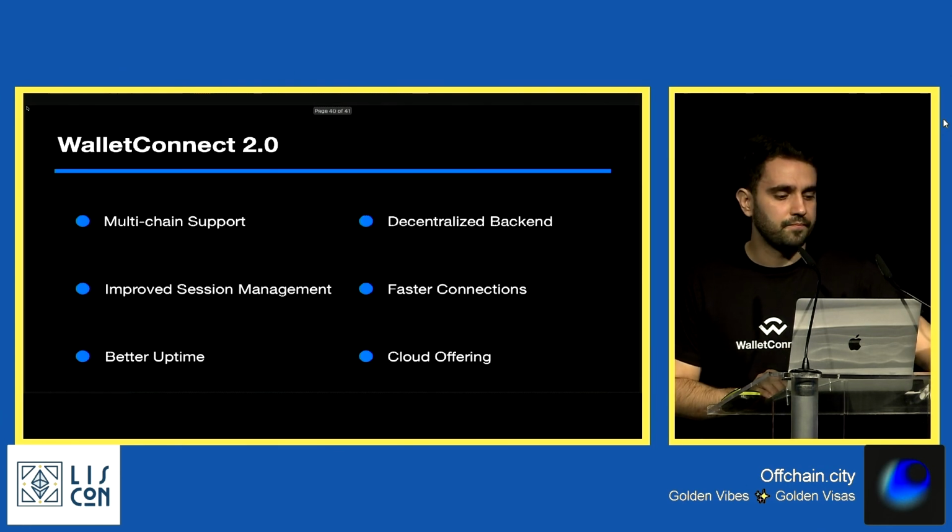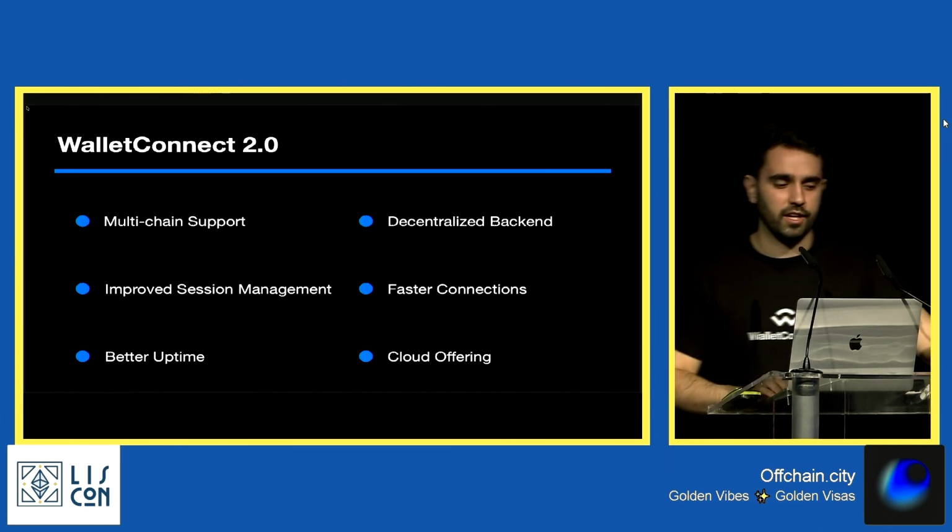So to recap, what does WalletConnect 2.0 bring? Multi-chain support with the capabilities to connect to multiple chains, not only Ethereum, but Cosmos, Polkadot, Solana, Celo, and Near. A decentralized backend where our servers are connected to the Waku network and ensure that every party on the Waku network is able to relay messages regardless of whether it's run on our infrastructure.